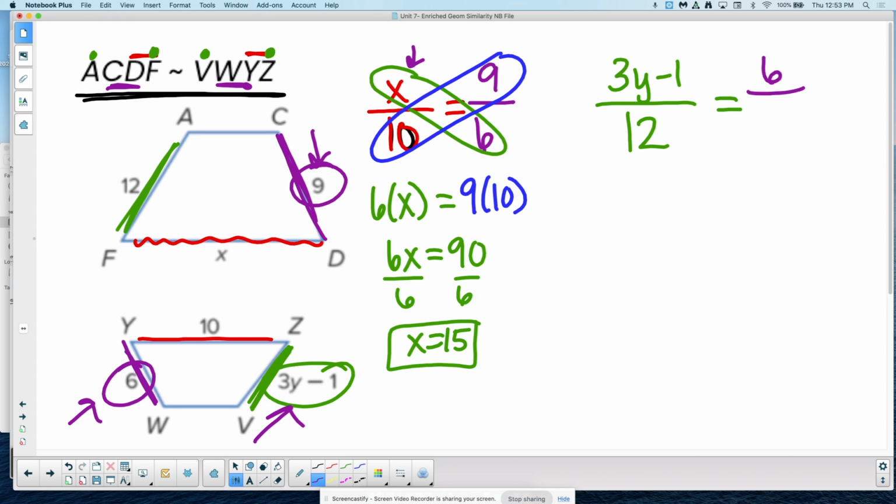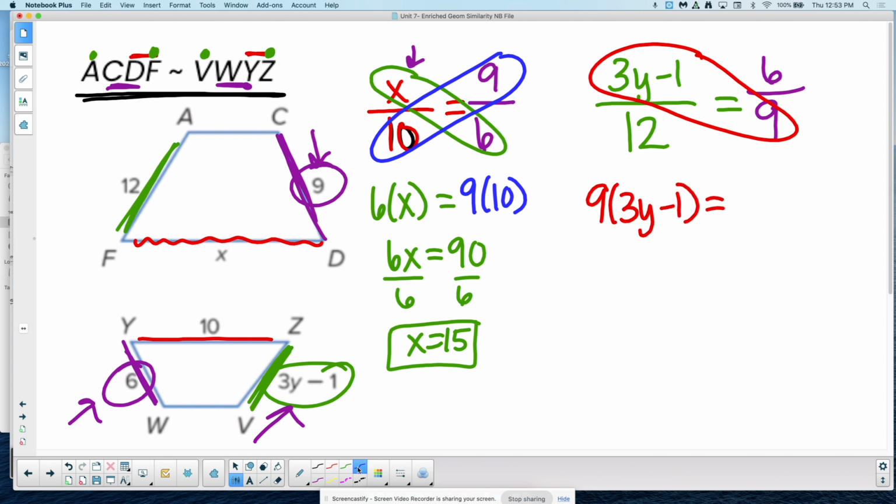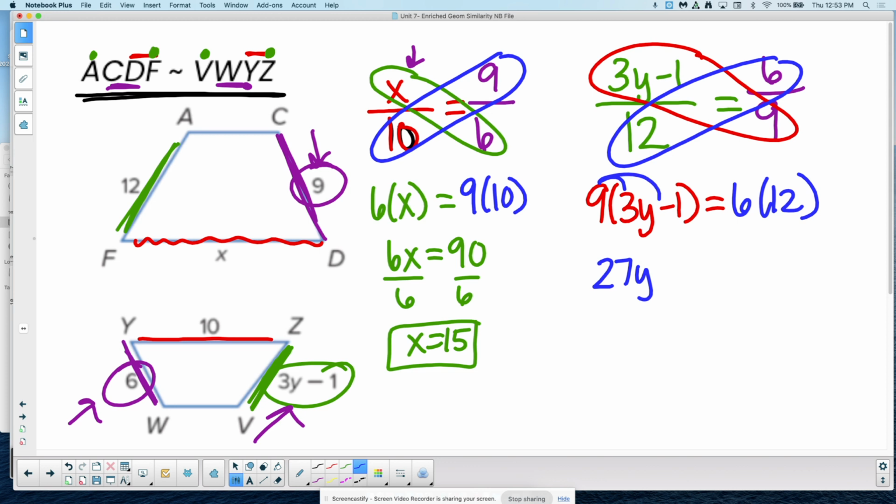The order does matter. And now it's the same thing, folks. We're going to cross multiply. Be careful, though. You're going to have to distribute that 9 to both the 3y and the negative 1. 6 times 12. All right, here we go. 9 times 3y, 27y. 9 times negative 1 is negative 9. 6 times 12 is 72.